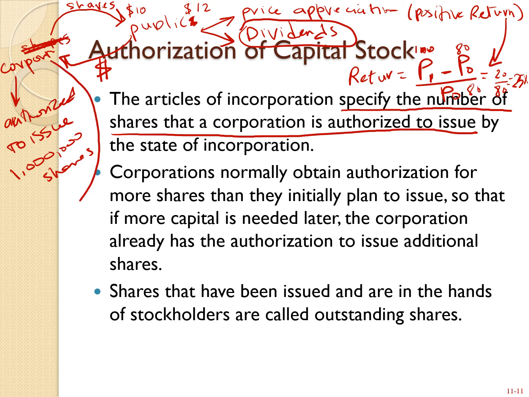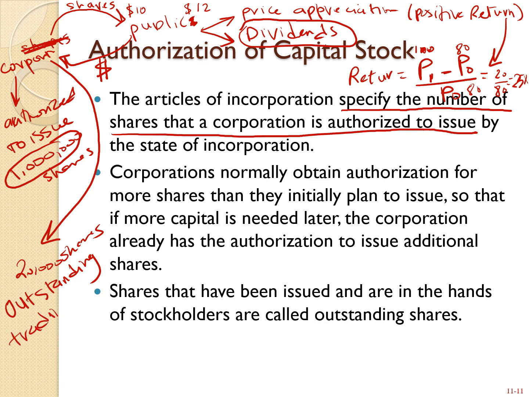But in fact, they issue only 20,000 shares. Those shares are called outstanding. Outstanding shares means that those shares are owned by the public and they are outside the company. Those shares are trading now in the stock market.